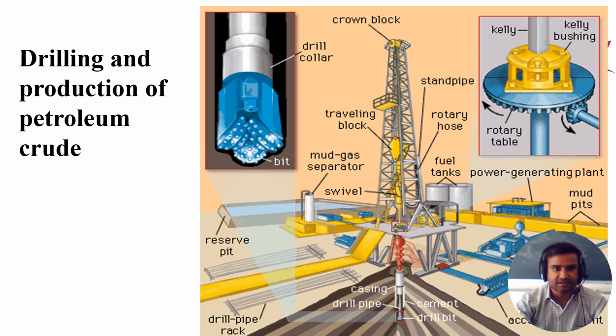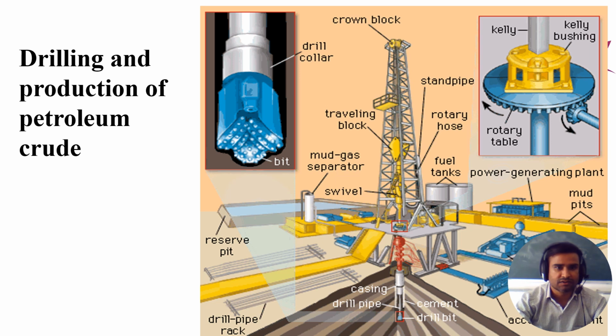So you can see here this is a drilling rig, or a drilling machine that makes a borehole inside the subsurface. Starting from the top, this outer structure is called the mast, and the top is called the crown block.